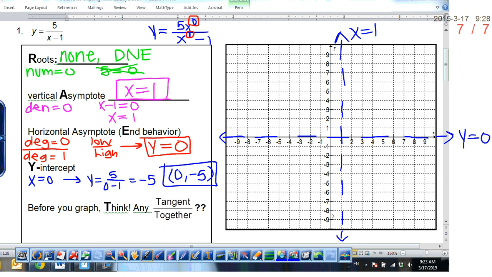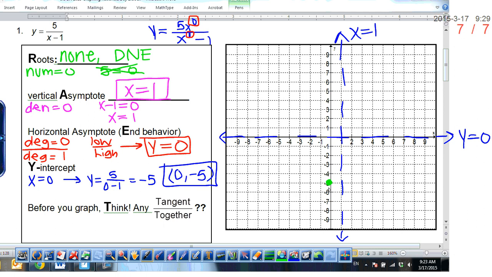And then we have a y-intercept at 0, -5. Okay, that is all the information we've gathered, and that's all we're going to really need to draw our graph.